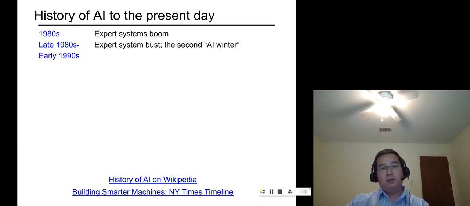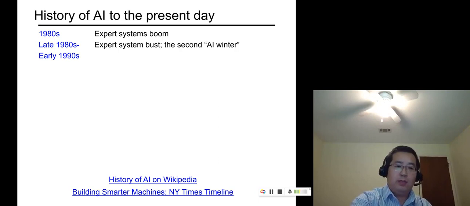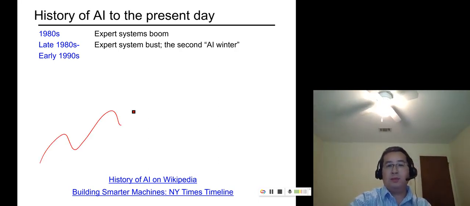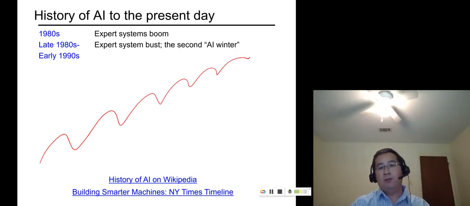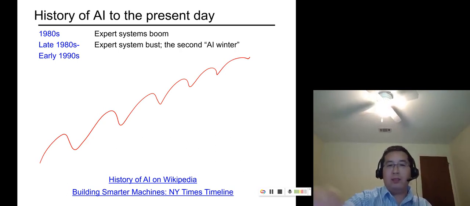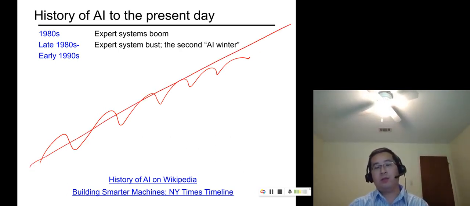So this one you can find: the AI and IT industry just follow this way. It's like a wave, right? We don't follow a straight line. That's not possible.